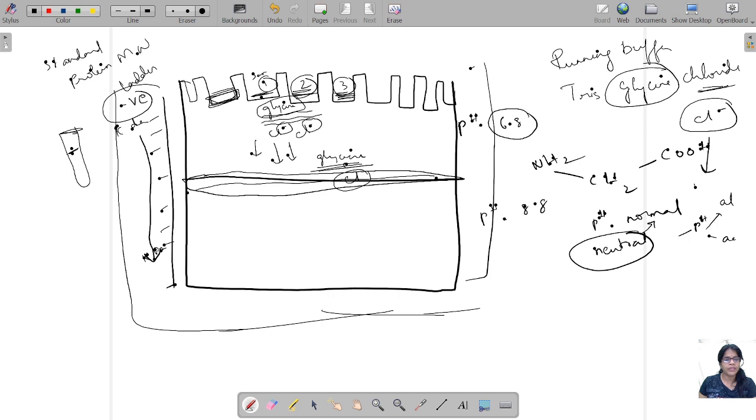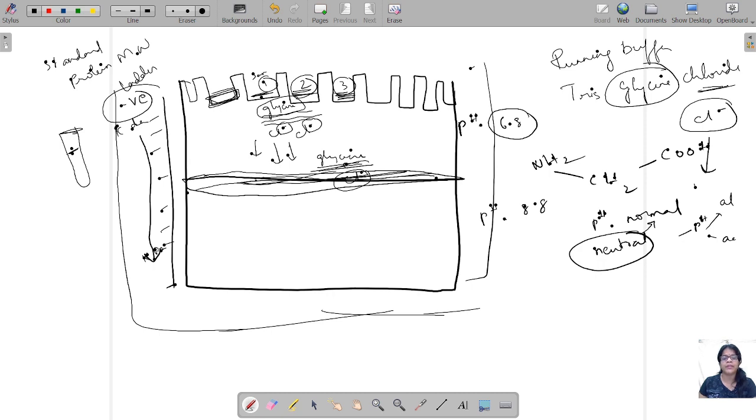The proteins are first made to have a linear position, because if this doesn't occur, the protein molecules will move differently and we get non-specific bands when we stain them. So all the protein samples should start at one starting point.